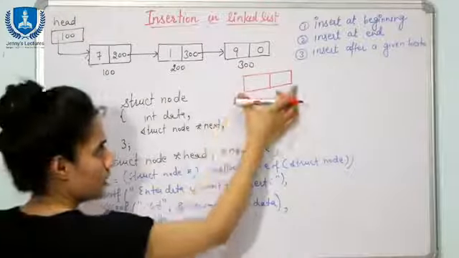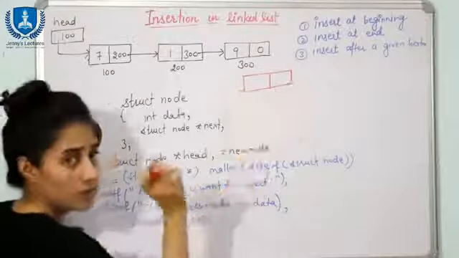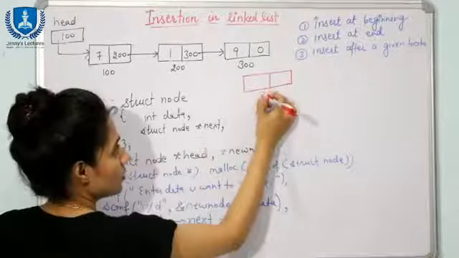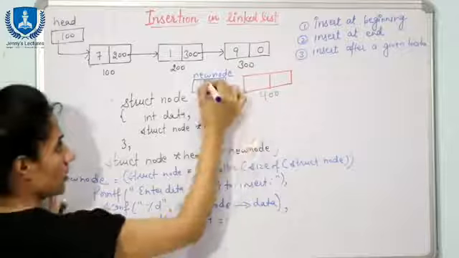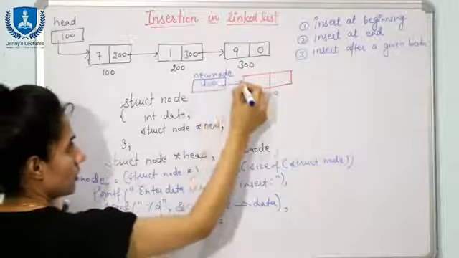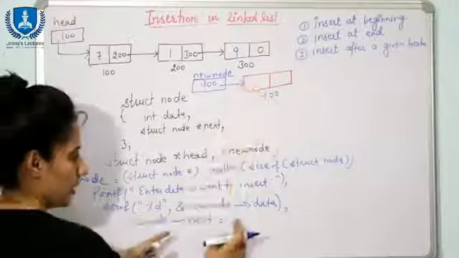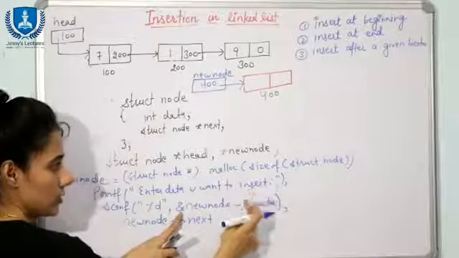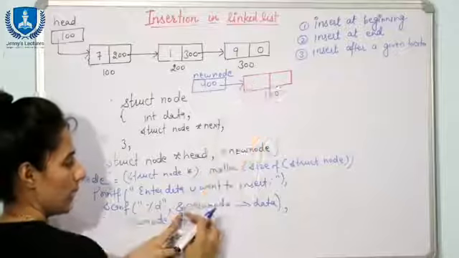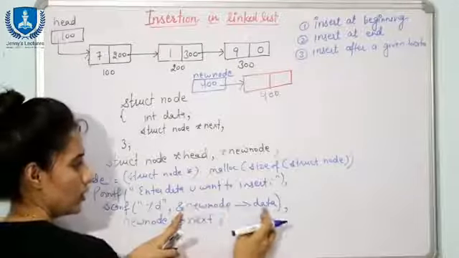So this is the newly created node, this is the memory block of 8 bytes, suppose address is, so this pointer is going to store this address, that is 400. So this is now the case. Now the data you want to insert, it is going to store in this data part, at address of new node and data part.